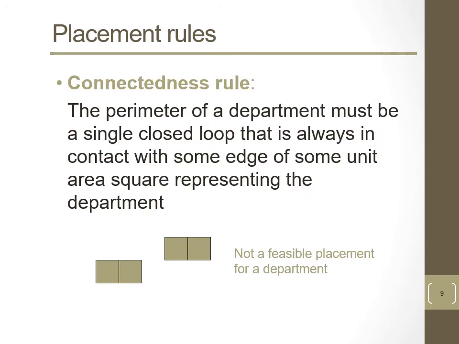The second rule is the connectedness rule. Okay, in the previous one, even if the square areas are touching each other, if they are connected from the corners but do not share a border, then the contiguity rule was not satisfied. On the other hand, of course, the departments should be connected.